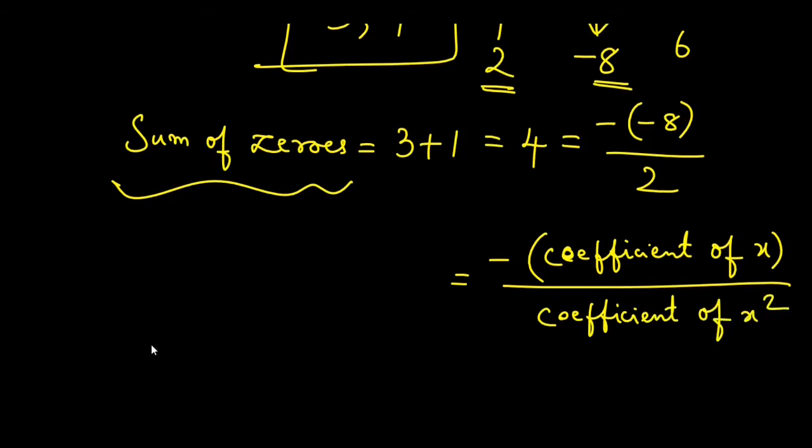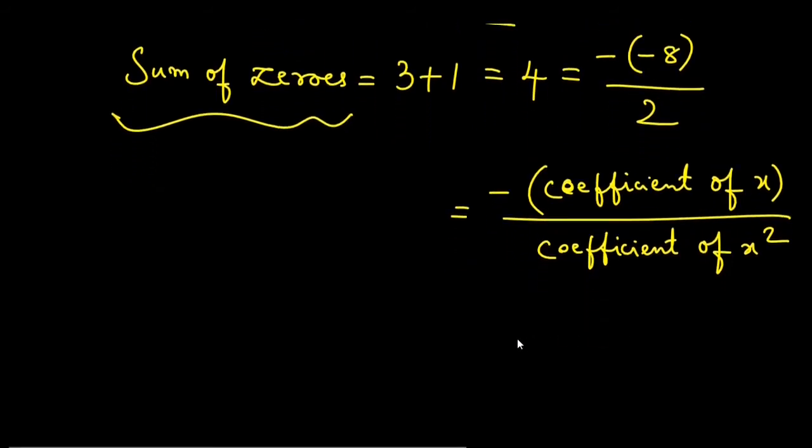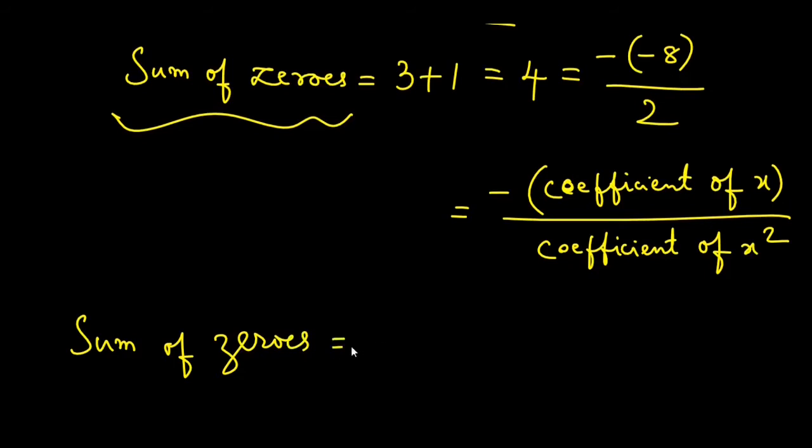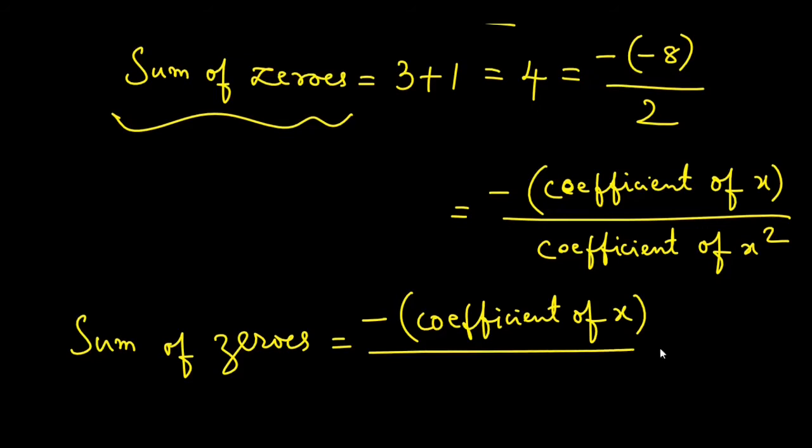So what is the relation between zeros and the coefficients of a quadratic polynomial? Sum of zeros is equal to minus of coefficient of x by coefficient of x square.